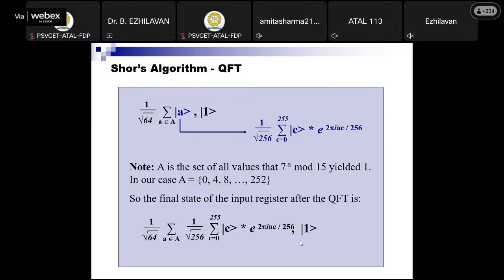So finally, we can write 1 by square root of 64, sum over A belonging to A, then 1 by square root of 256, the sum over collapsed value c equal to 0 to 255 of the collapsed state times e power 2 pi iac slash 256.